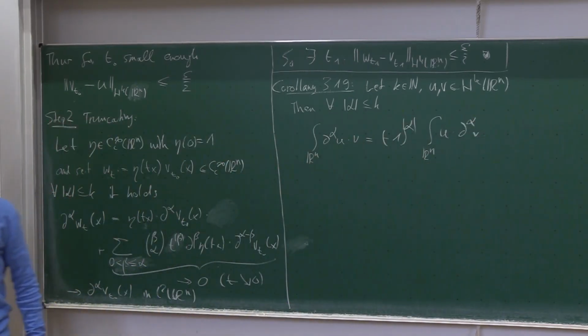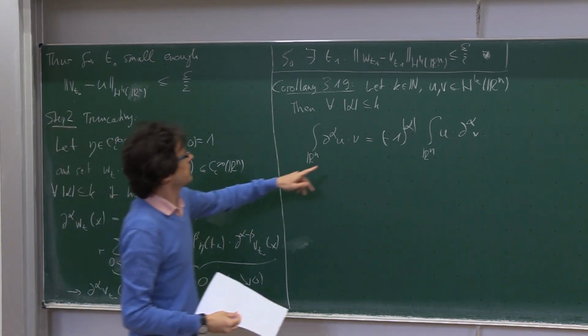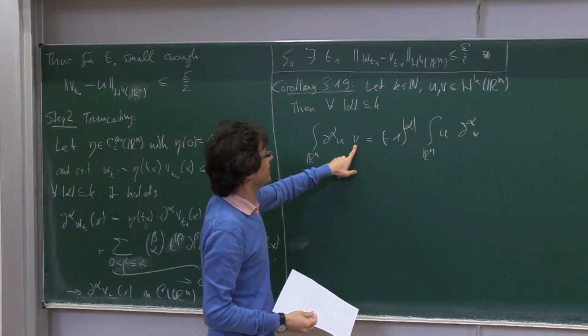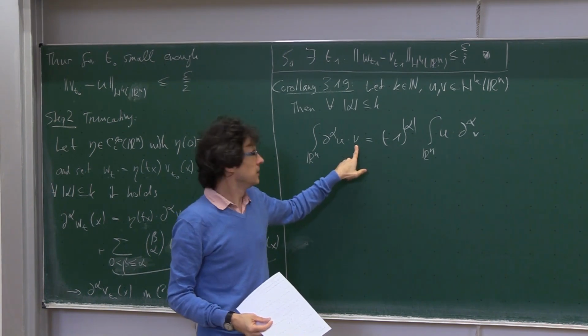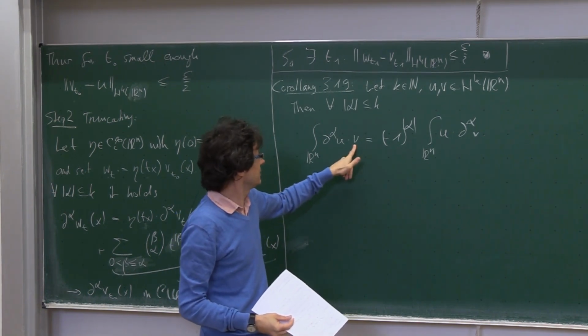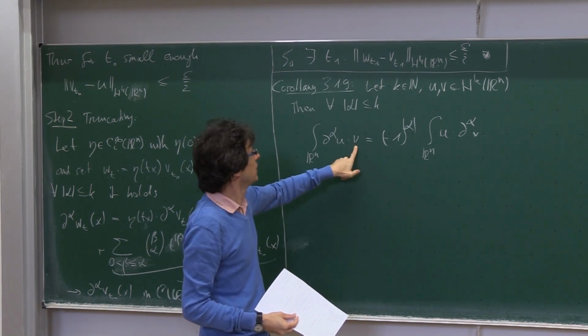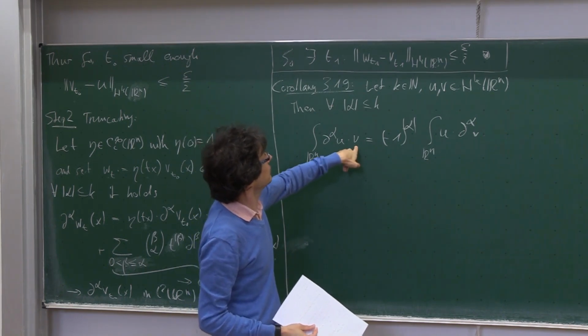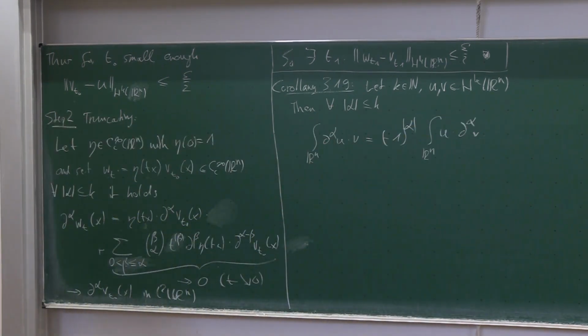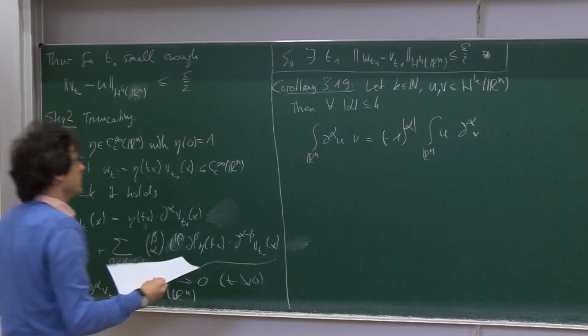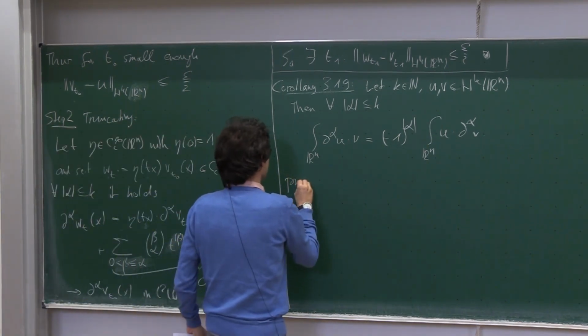So if you say this for all v in CC infinity, it is just the definition of the weak derivative. For all v in CC infinity, this is the weak derivative of u. And what is new in this corollary is that the v can also be chosen in all of hk, and the equality stays valid. And the proof is now just the proof by density.